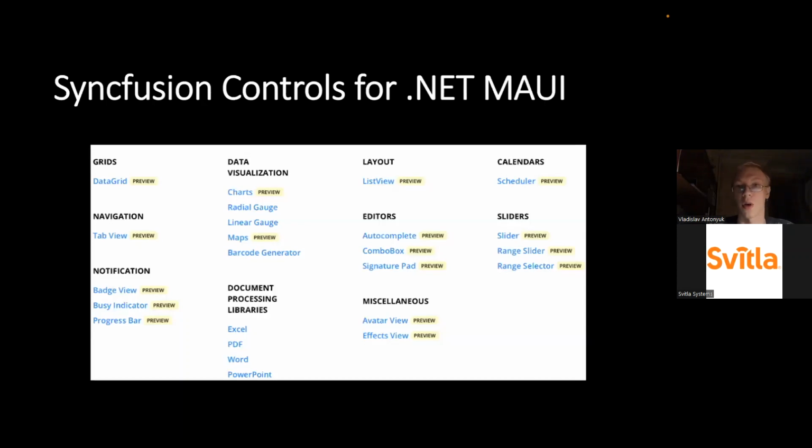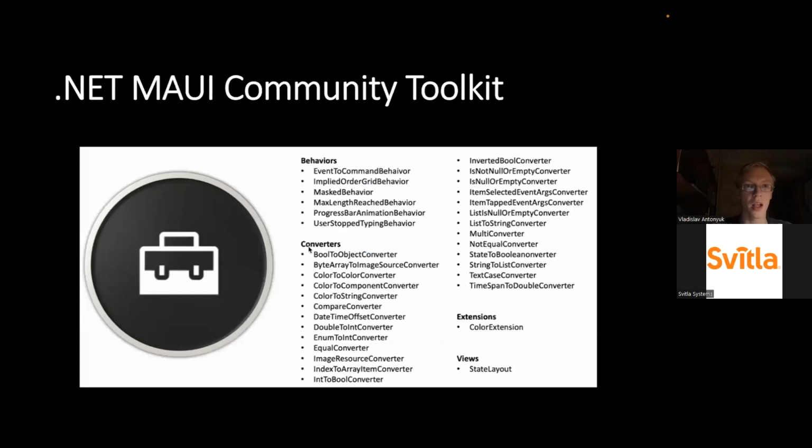It also provides some great controls, some of which are not available in .NET MAUI, some duplicate, but also with some customization, and provide its own style for all applications. So if you choose Syncfusion, for example, you will get the same style for all your controls in your application.